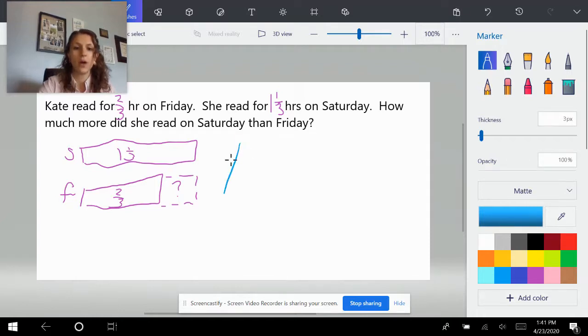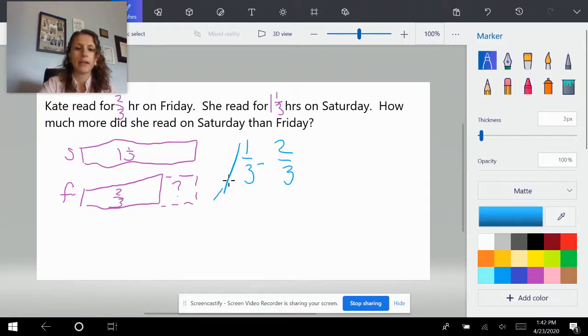So if I have 1 1/3, take away 2/3, this directly connects to what we went over previously, where I can see that I have my same unit, however, I only have 1/3 here. At this point in our 4th grade curriculum, we cannot take away this 2/3. So let's rename this 1 1/3 as an improper fraction to get enough thirds.